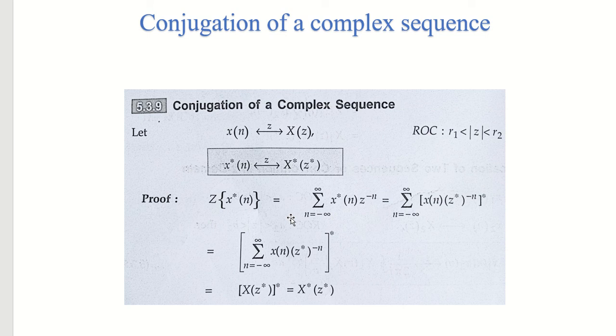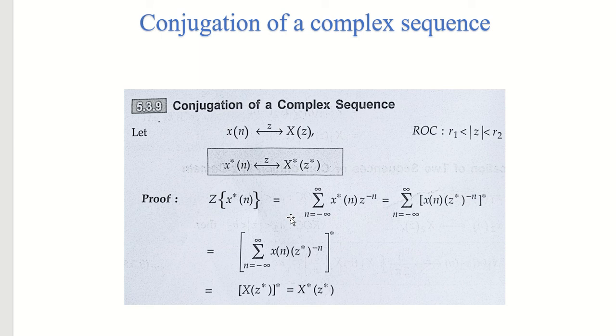So if I'm having a signal x of n and its Z transform is x of z with region of convergence between points r1 and r2, then what will happen if I take the conjugate of my base signal x of n? It will be x conjugate of n, and the Z transform will be x conjugate of z conjugate, right?